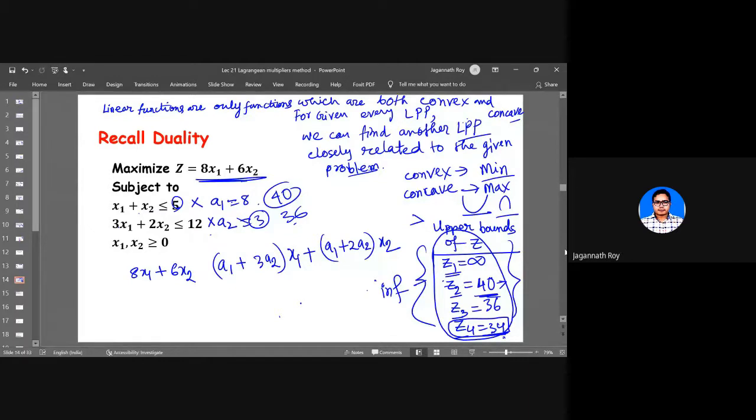So if we try to define the function in this form, let us write it in this form.